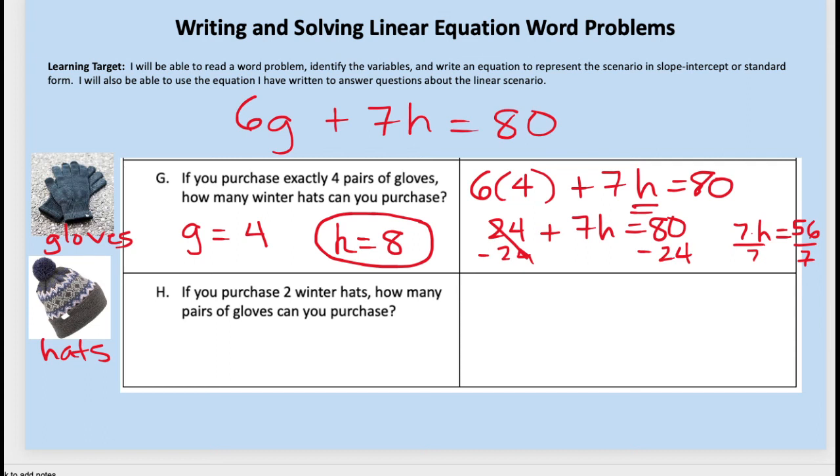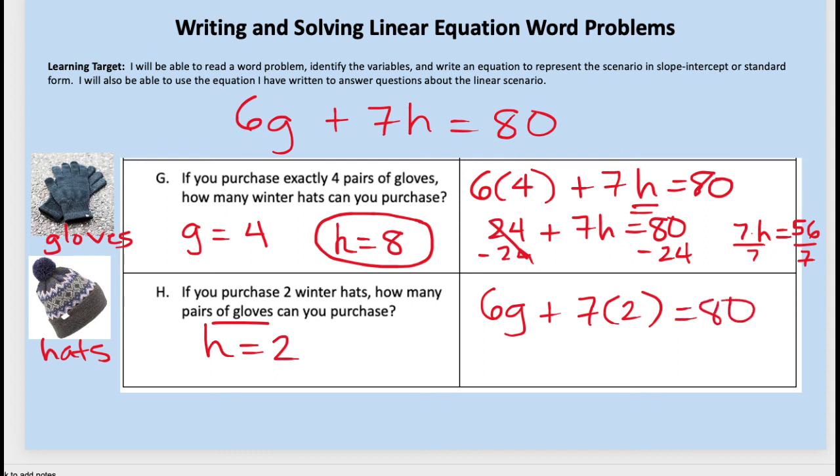If you purchase 2 winter hats, how many pairs of gloves can you purchase? This time I'm given the value of H, and I have to solve for G. I'm going to use the same equation, so 6 times G plus 7 times 2 equals 80. 6G plus 14 equals 80.